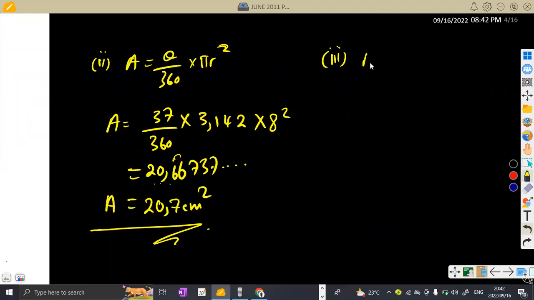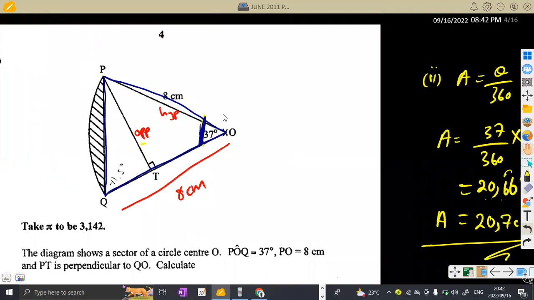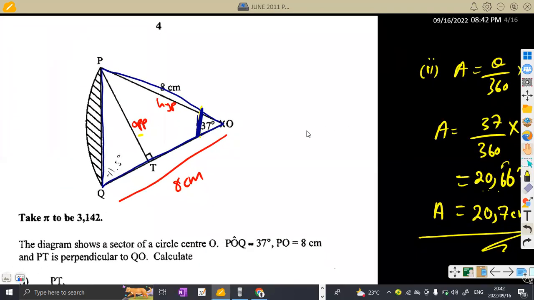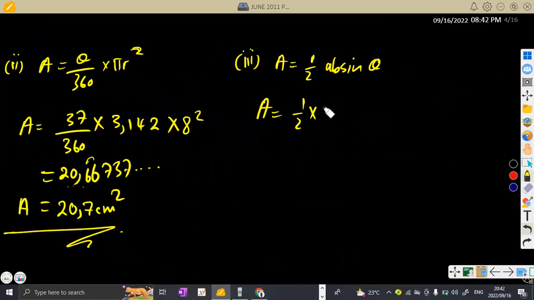So the area of a non-right angle triangle is half ab sine theta, or sine C. A and B are the sides which are creating our triangle, which are 8 and 8, the radius and another radius. So it's half times 8 by 8 times sine theta, which is the angle in between.